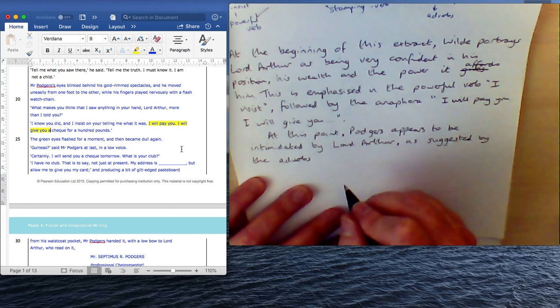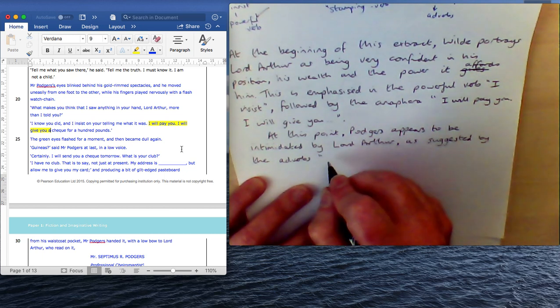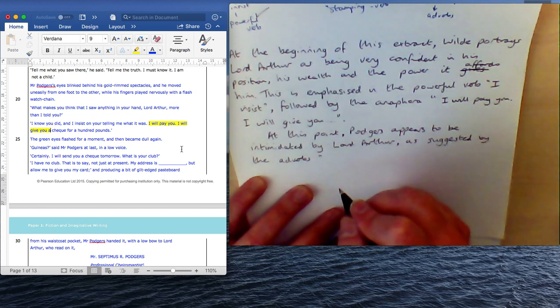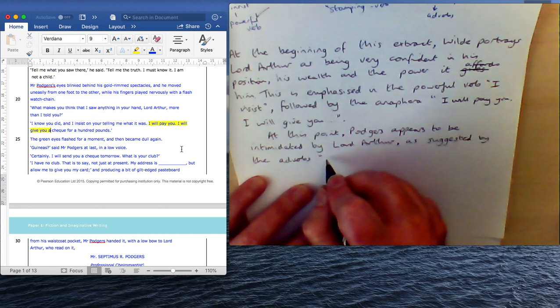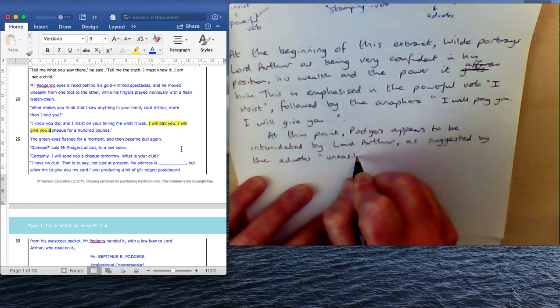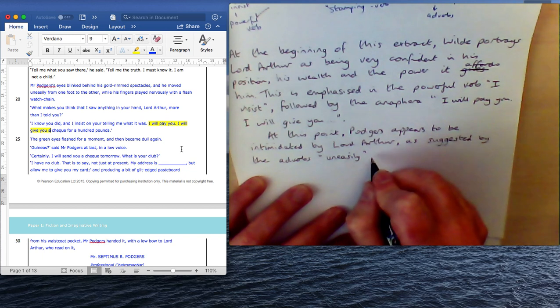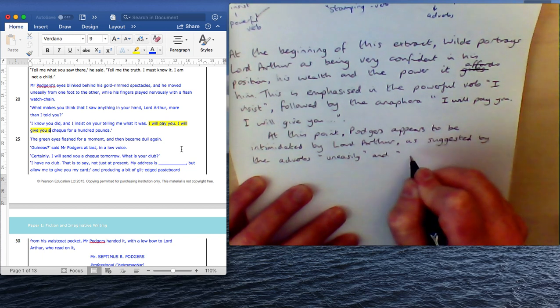So notice my use of terminology there, and then I'm quoting the lexical choices, the language choices that prove my point. So uneasily and nervously.